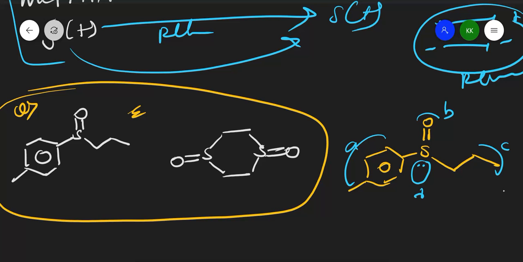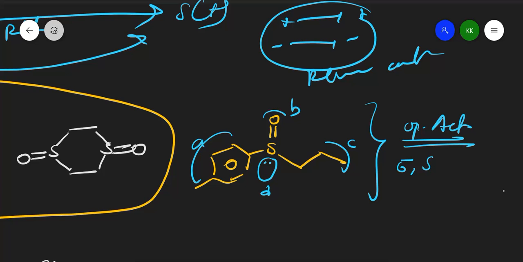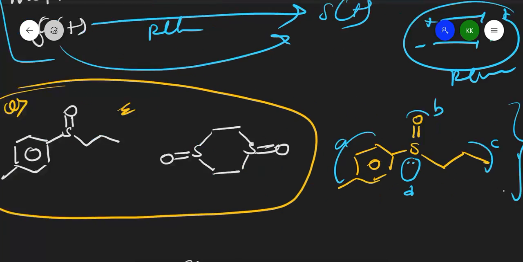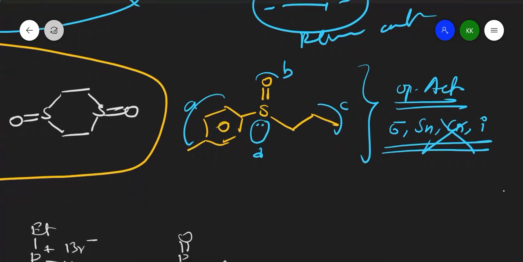So that will be D. Since all substituents are different, it will show optical activity. Why? Since all substituents are different, there are no symmetry elements. Plane of symmetry, mirror plane, axis of symmetry, center of symmetry, all these elements are absent. So this will show optical activity.